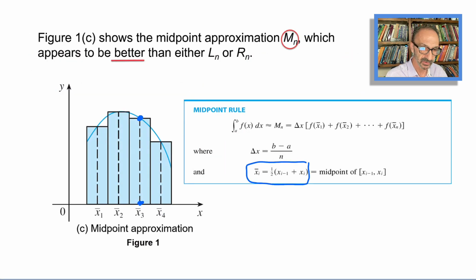By the way, if you notice right here, we're gaining and losing points or area. Take a look at this right here. For the midpoint, we are gaining this portion, but we're losing this portion. And here on the last one, we are losing this, as you could see, but we're gaining this. So the midpoint is a good approximation.